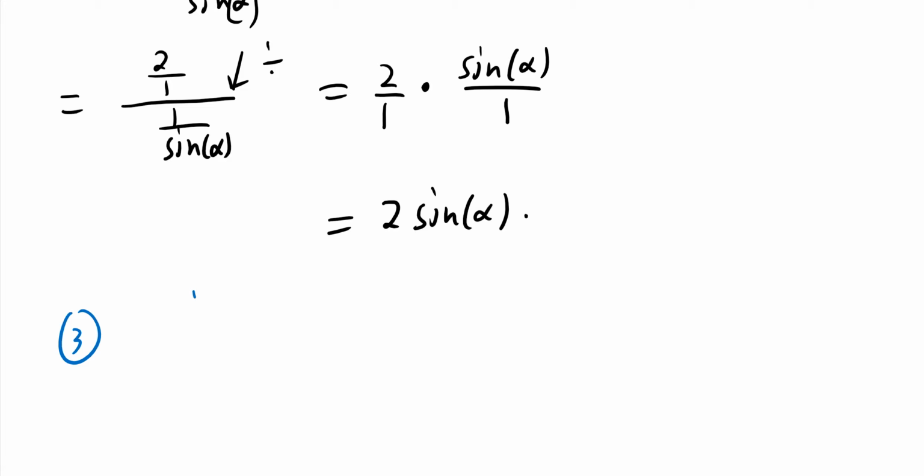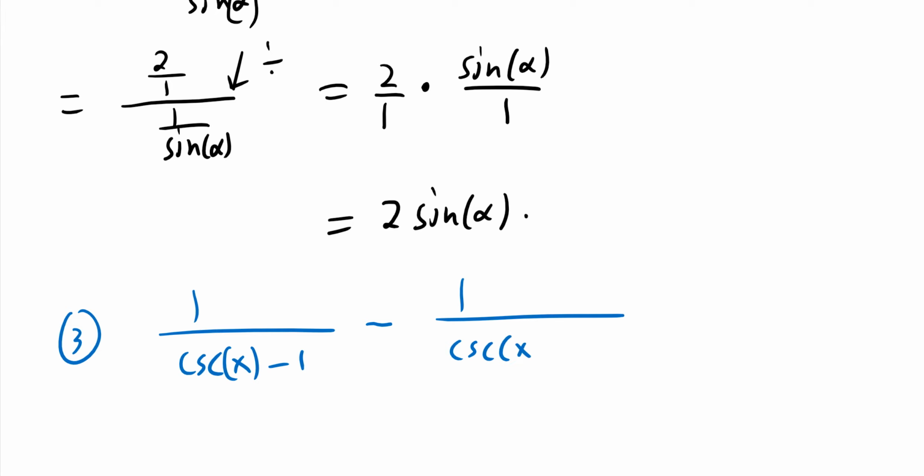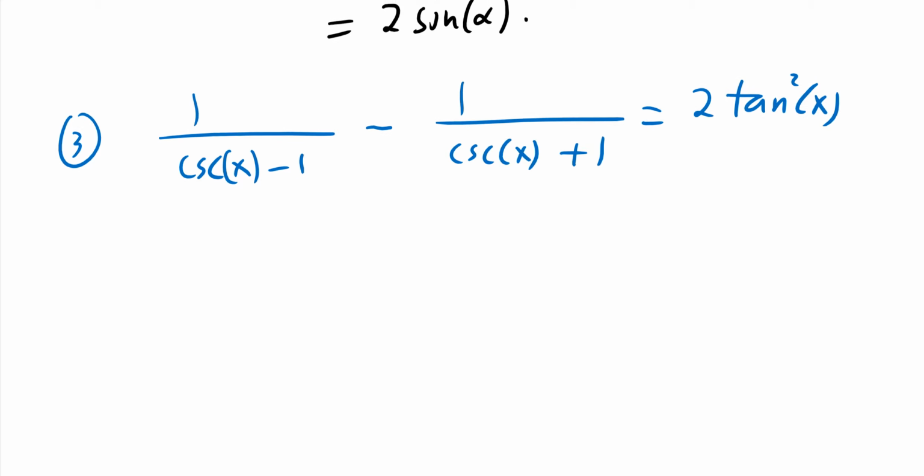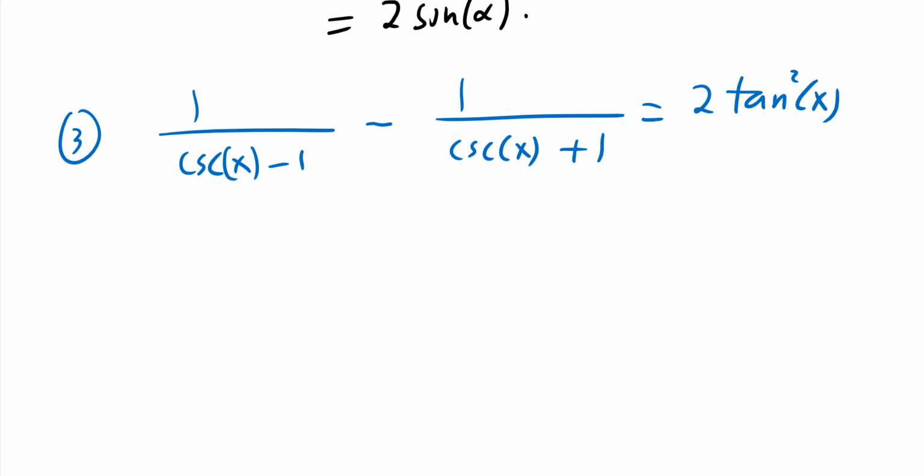Another example. 1 over cosecant x minus 1 minus 1 over cosecant x plus 1 equals 2 tangent squared x. It would be more convenient to start on the left hand side. For the left hand side, we can combine the fractions, right?